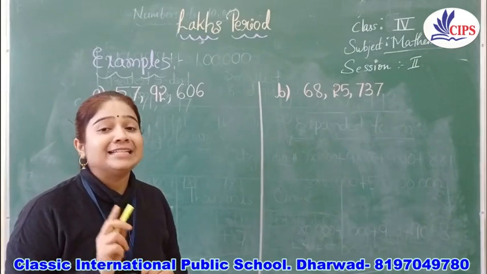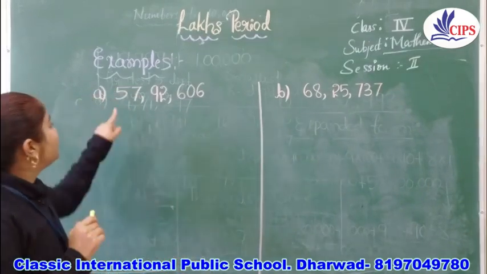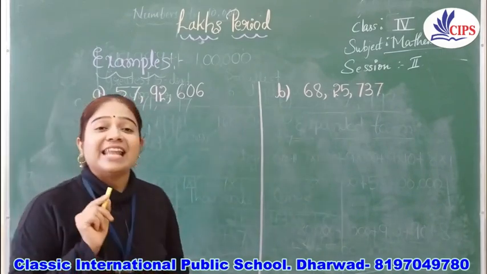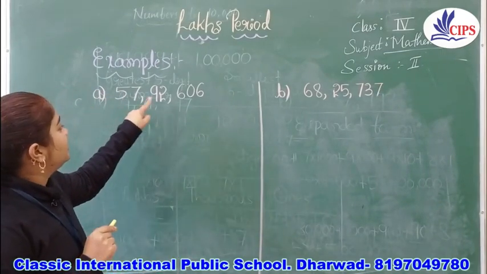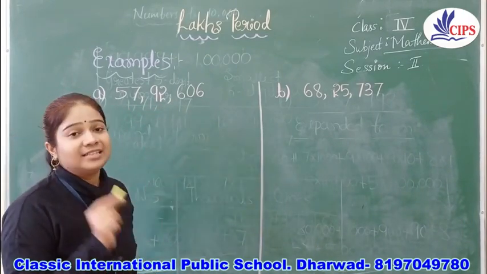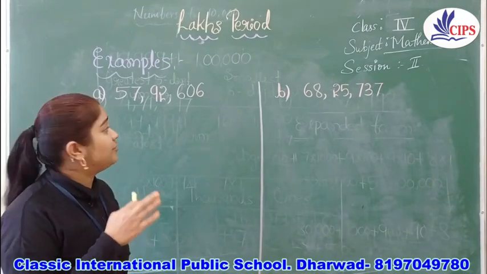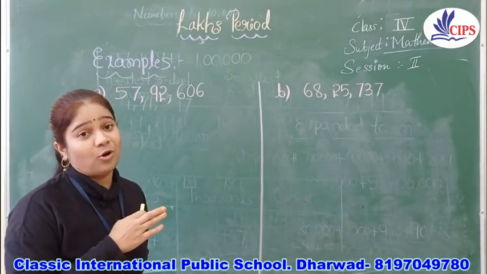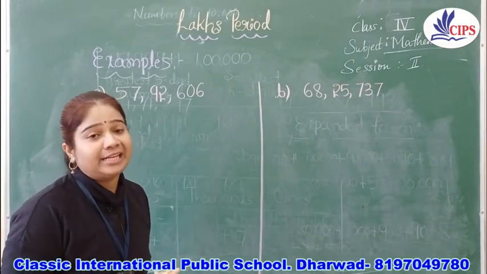Okay, all my dear children are alert. So it is 57 lakhs, 92,606. Okay, so try to read. Whatever numbers you are looking at, just identify the place values and try to read that.